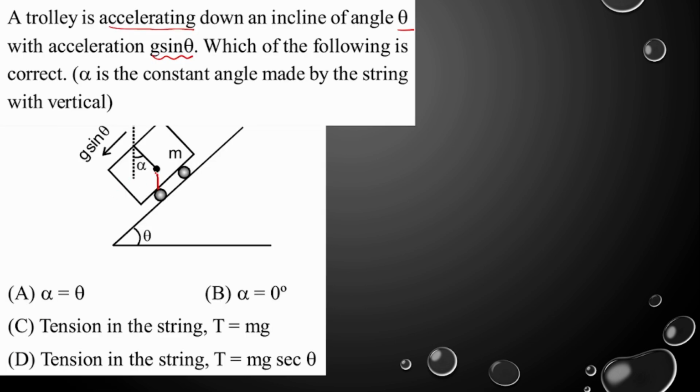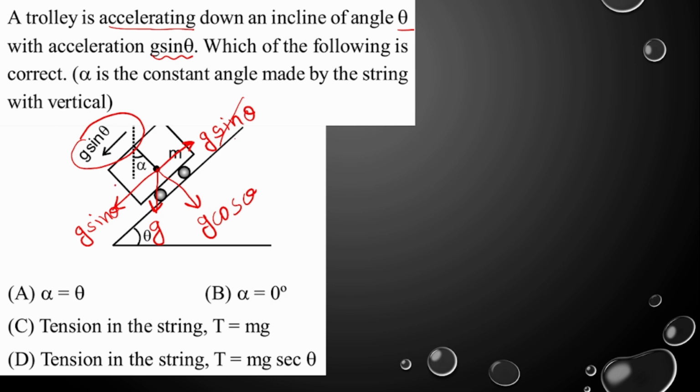This is the direction of g. So this will be g cos theta, this will be g sin theta, and this will be g sin theta because of the pseudo acceleration.